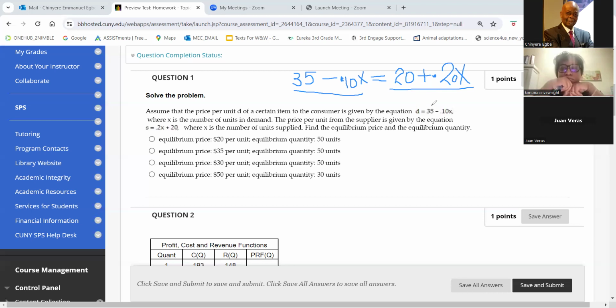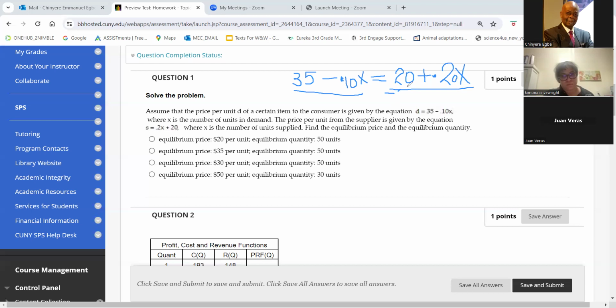Yes. And so now, in order to solve the equation, the buyers must agree with the sellers, so we achieve equilibrium. Okay? So now, what we have to do is solve this equation to find the equilibrium x, right? You know how we solve an equation like this?